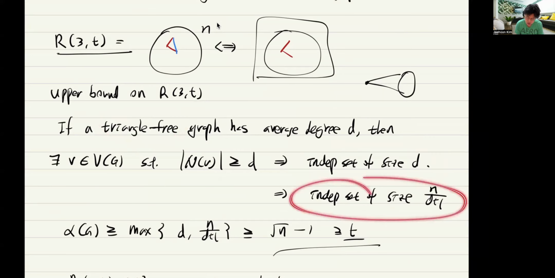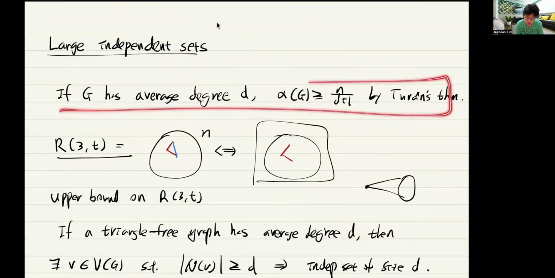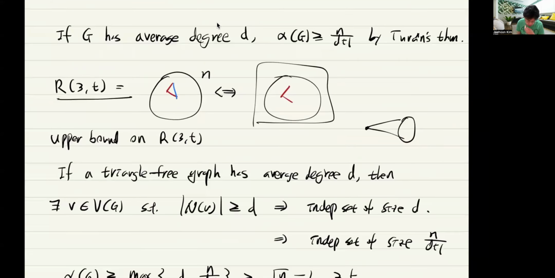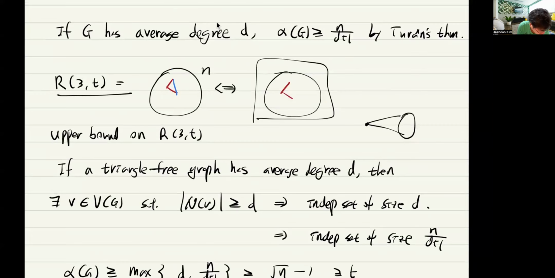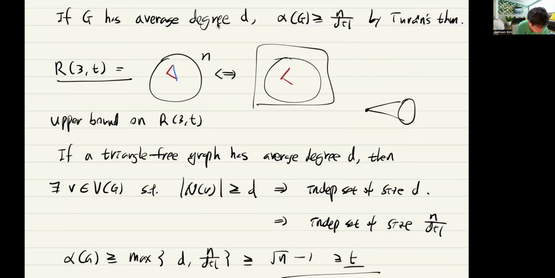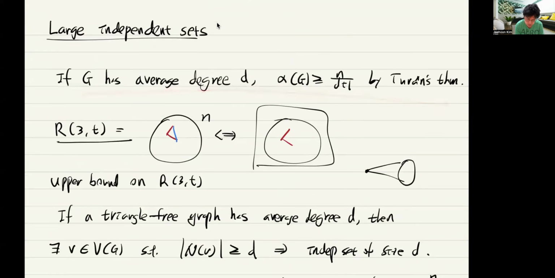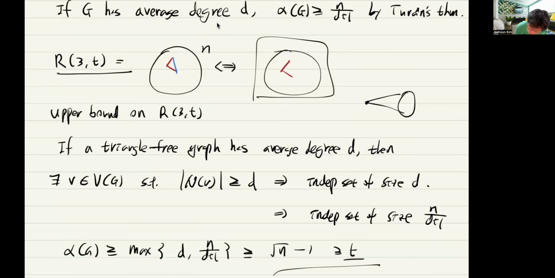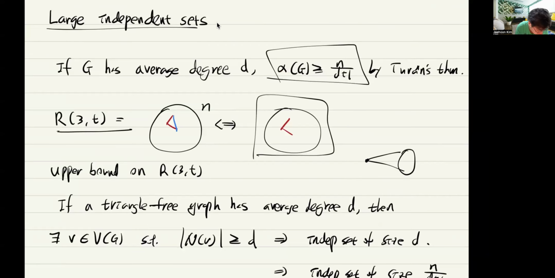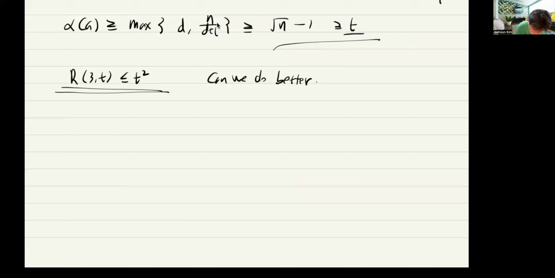But this bound doesn't care about triangle-freeness. It just comes from the Turan theorem. And a natural question is, can we do better on this if we know triangle-freeness?